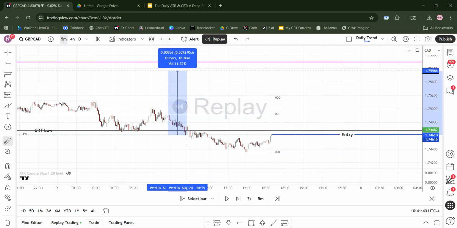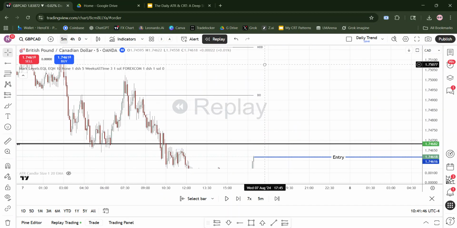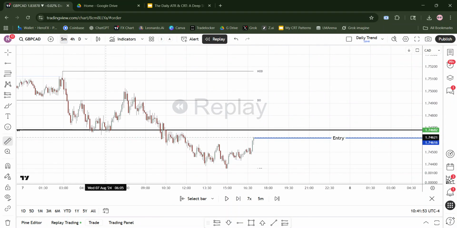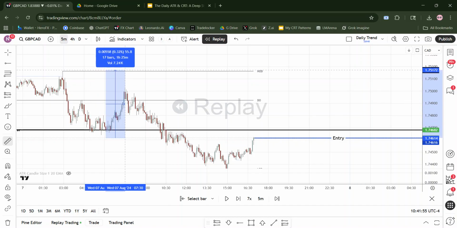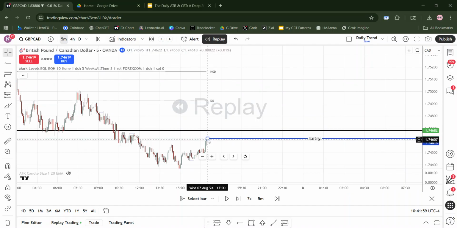That's 107 pips. I wouldn't need all 107, but hey, you get what you can. Another option would be to target the prior high of day, which is right here. That would be good for 54 pips. But again, this is at 4:55, right at market close.